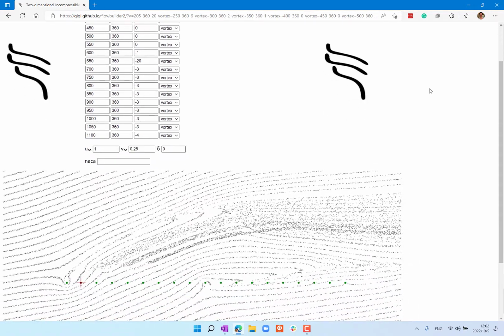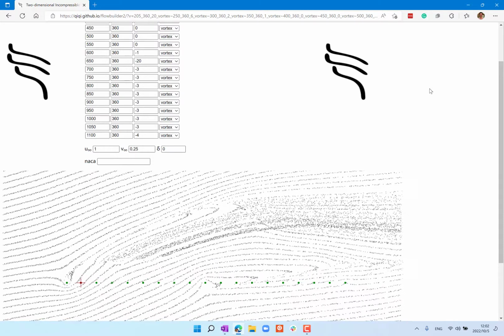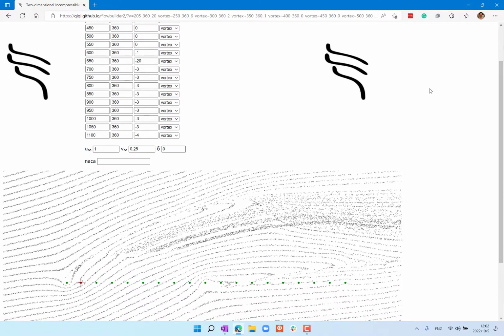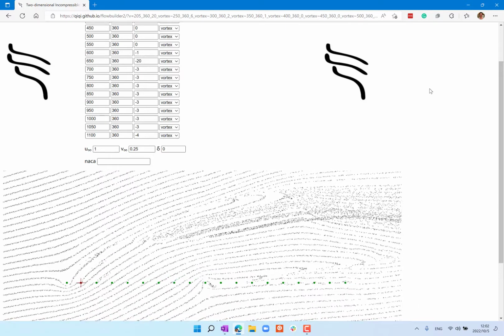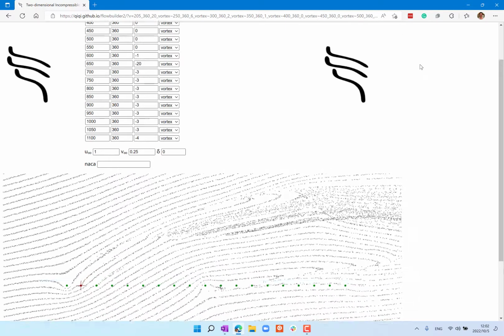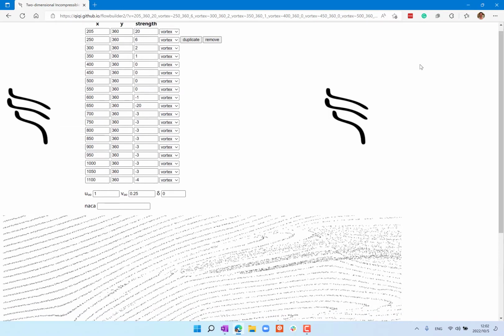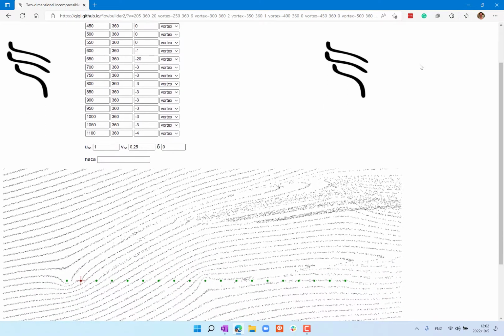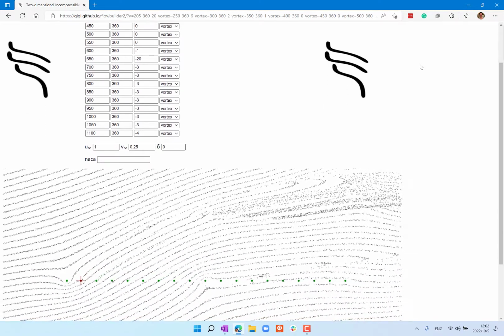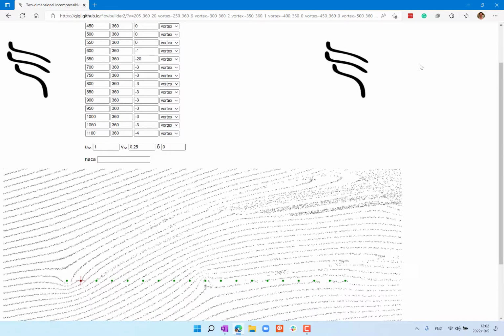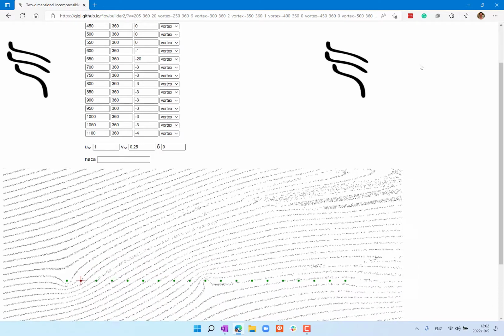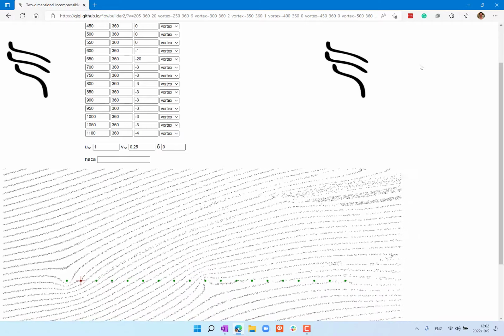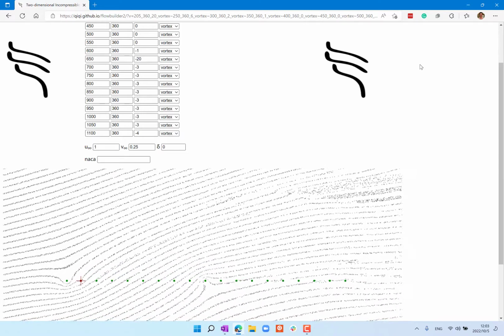Remember, we are also not doing this at random. If you place a vortex here of positive strength, and you use the right-hand rule, positive vorticity pointing out of the board makes the flow go up downstream of it, and makes the flow go down upstream of it.